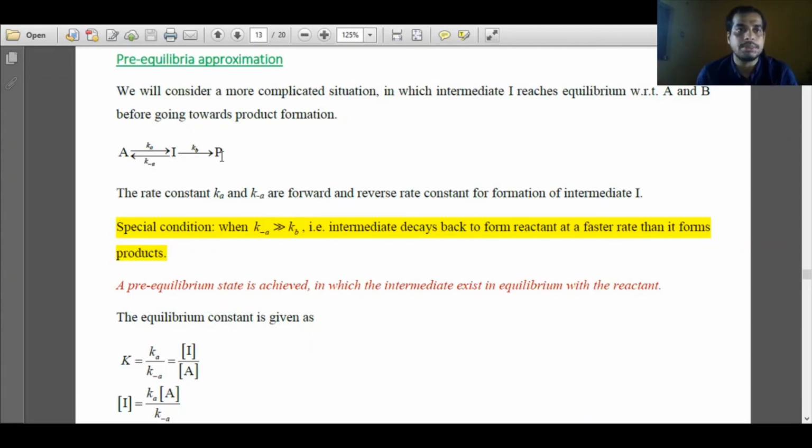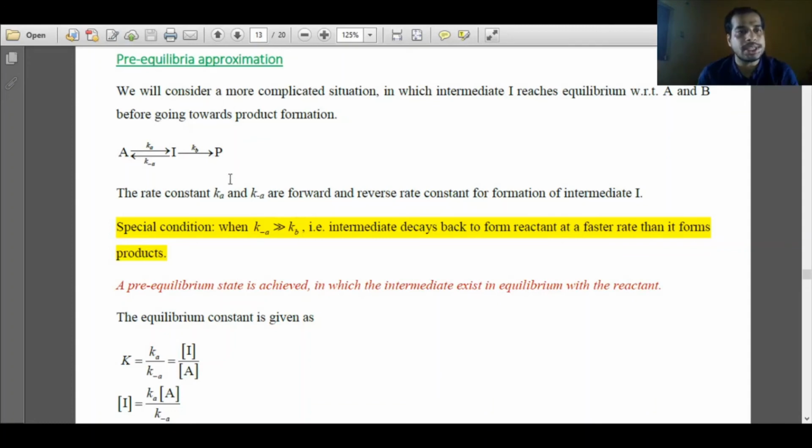Again I am repeating, the pre-equilibrium condition is applicable when the intermediate prefers to form the reactant compared to the formation of product P. The intermediate has two options, either it can form A or it can form product P. So when the intermediate prefers to form reactant A compared to product P, under such a condition the pre-equilibrium approximation is applicable.